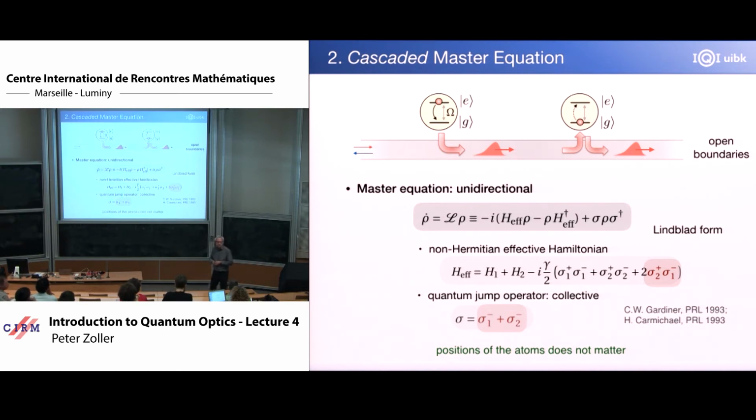Now, this equation has one interesting property, and it takes a little while to work it out. If I write down this cascaded master equation, it is for this composite, this atom plus this atom together, for the tensor product Hilbert space of two-level atoms.